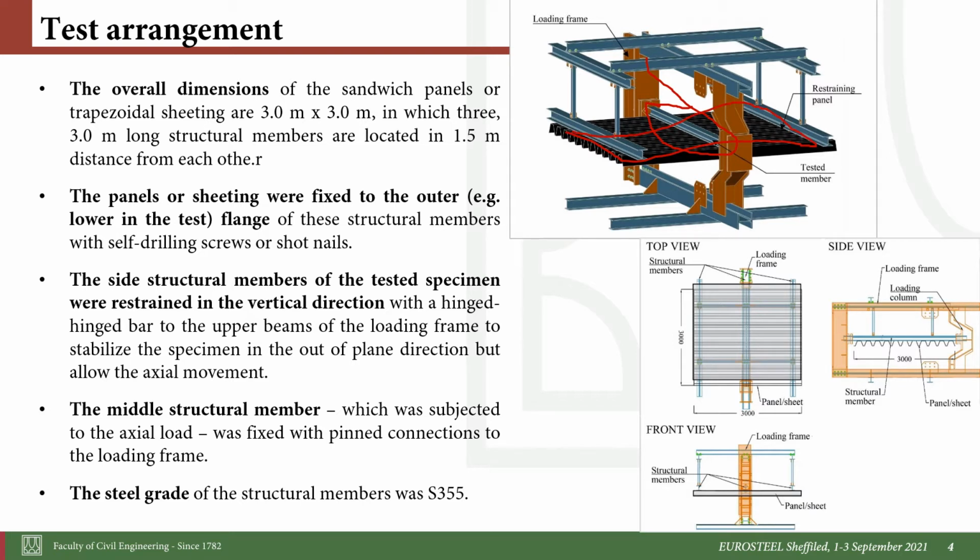We applied forces on one side from here, and we have some kind of supporting members to support the panels. Of course, these were connected with hinge connection to be able to get the deformations.